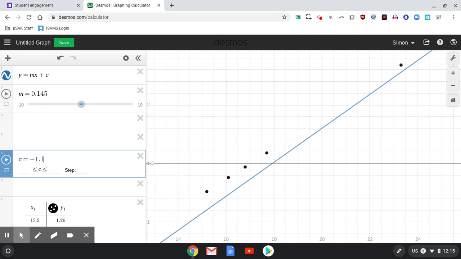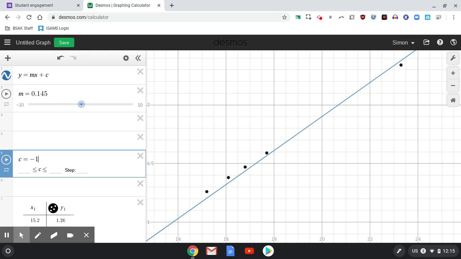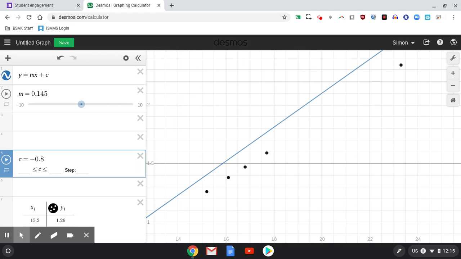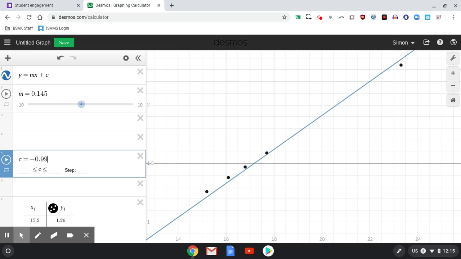So it's literally a case of just tweaking these values until you've got something that resembles a line of best fit that goes through the middle of the points.